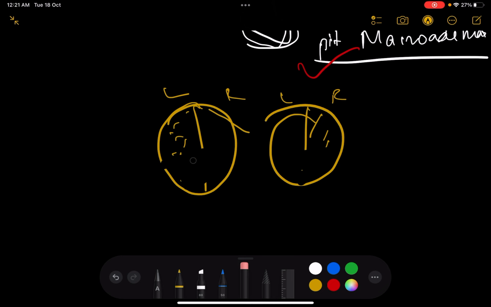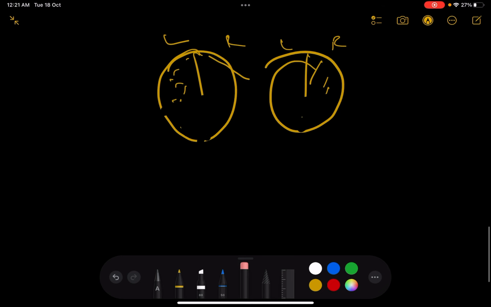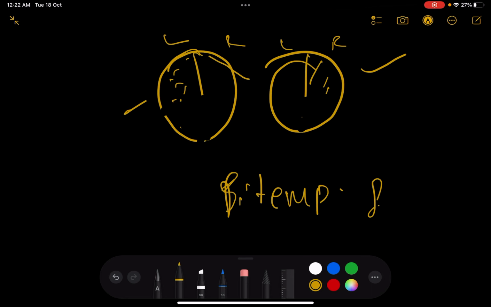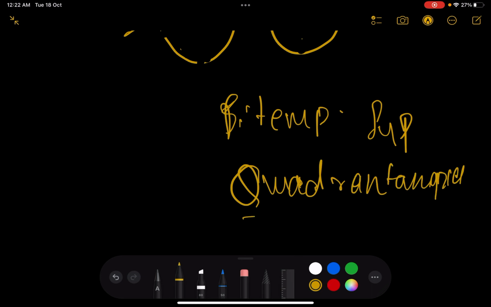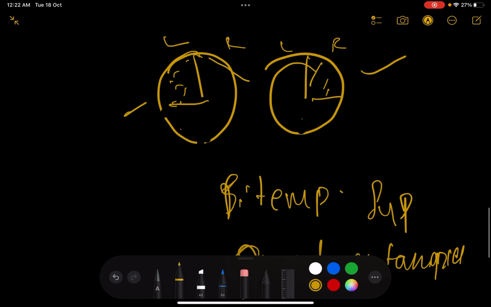So what you would have now is something called bitemporal superior quadrantanopia. Instead of hemianopia, you've gone up to quadrantanopia because only a quadrant is involved.